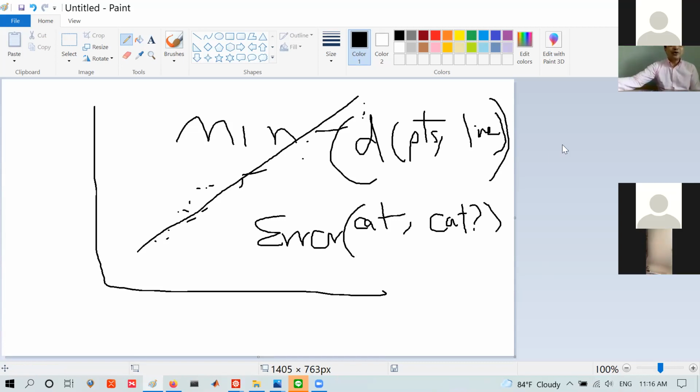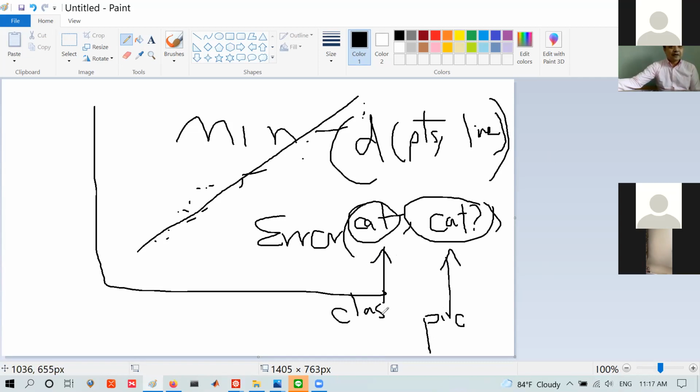And then you have the real truth. This is what the model says, this is the real truth, this is the picture, and this is the classification. And there's an error. That error is 0 or 1, 1 being false, 0 being true or correct. So it's correct or incorrect, and you want to minimize this.